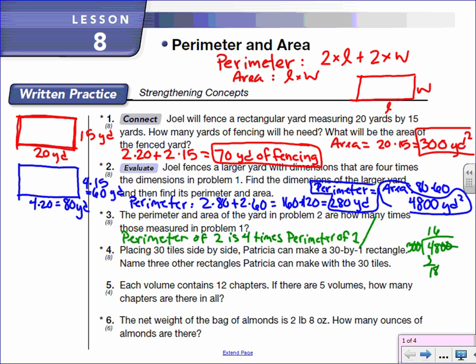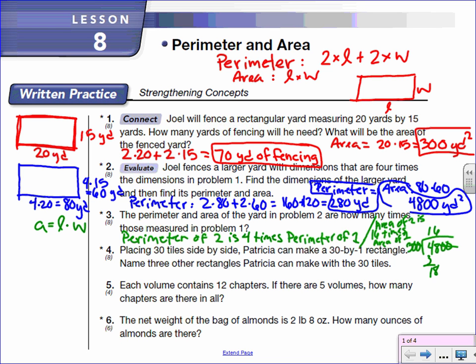Let me try that again. So the area of 2 is 16 times area 1. And that might not make sense at first, but if you look at how area is calculated, area equals length times width.